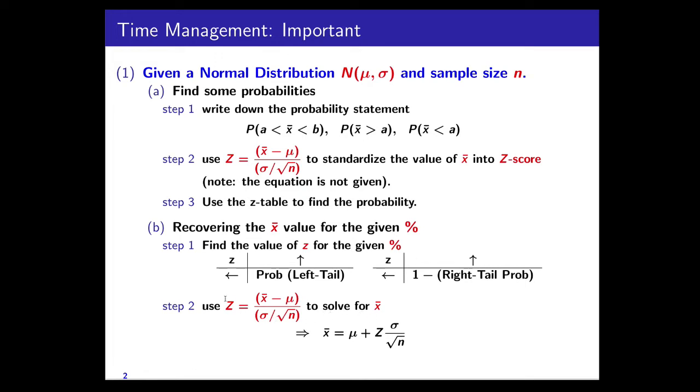In this case, we first multiply sigma over square root of n for both sides of the equation and add mu for both sides of the equation. Therefore, X bar is equal to mu plus z times sigma over square root of n, where z is obtained from step number 1.